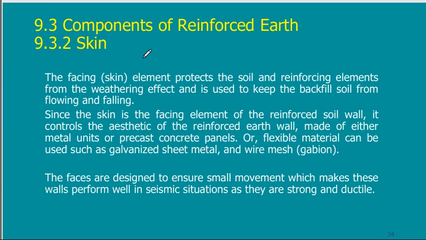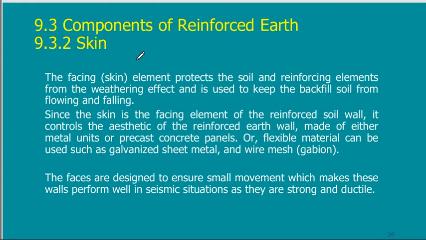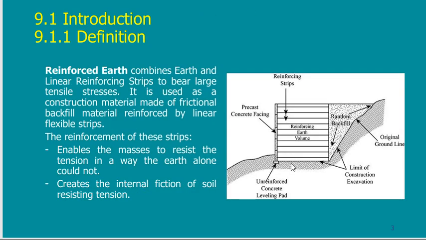The skin, as we said, the skin or the reinforcing or the face, is a very important part, but actually, even if I remove the facing, my wall would be standing with minor collapse. Why? Suppose that you removed the facing here. What will happen? Let's take the first layer.